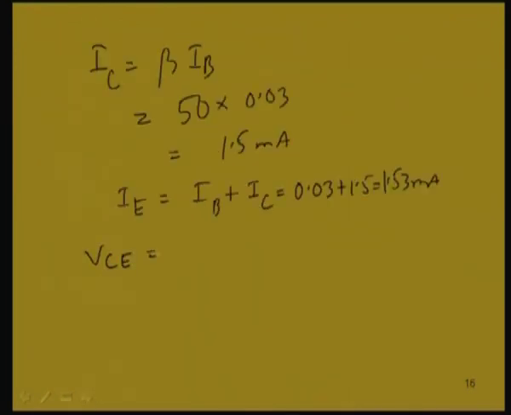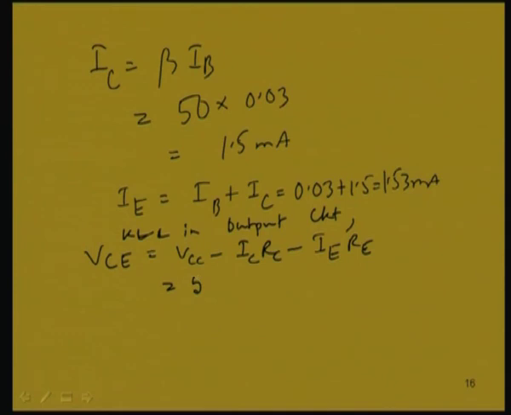So, applying KVL in the output circuit will give VCE equal to VCC minus ICRC minus IERE. Everything is known, so we can just substitute.